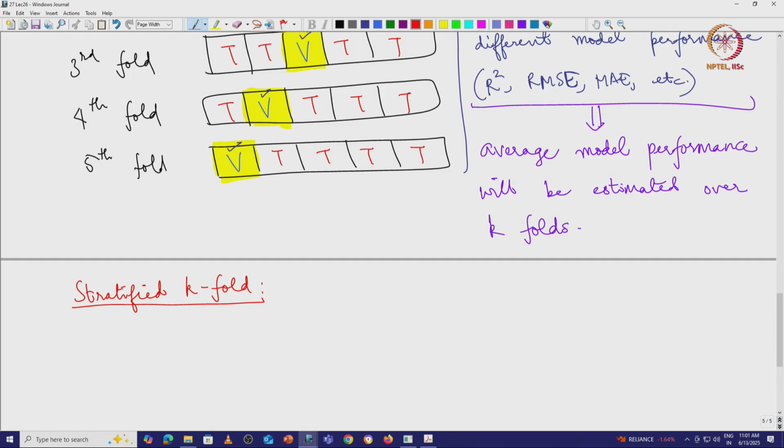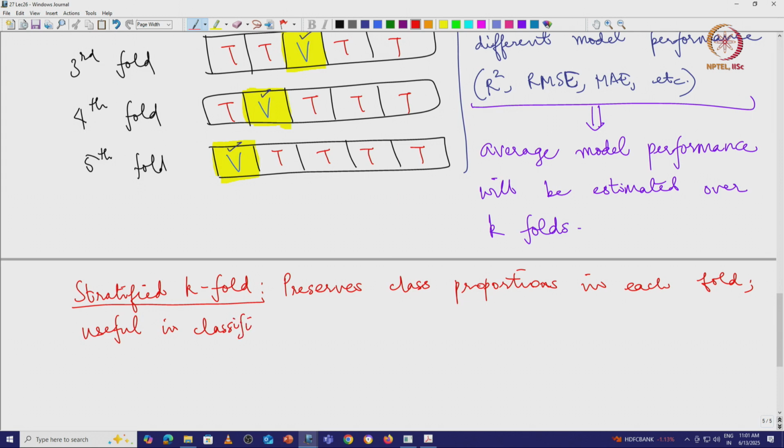So the stratified k fold preserves the class proportions in each fold, and thus is useful in classification problems with imbalanced classes.